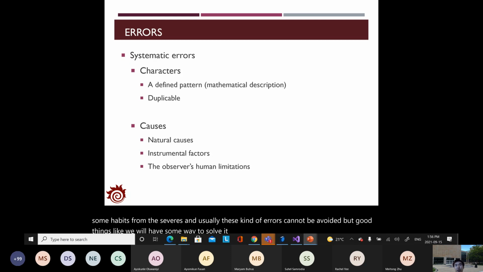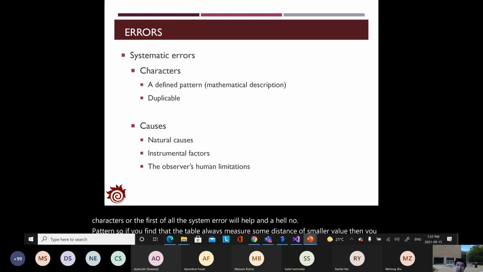Generally, systematic errors have two characteristics. First of all, the systematic error has a pattern. If you find that the tape always measures a smaller value, then you probably have some error in that tape.